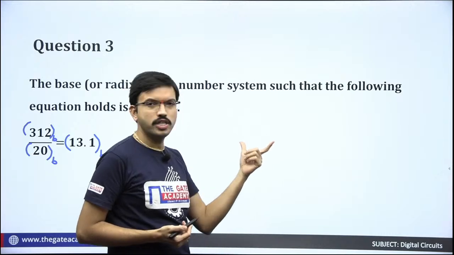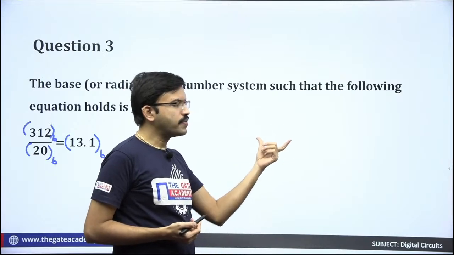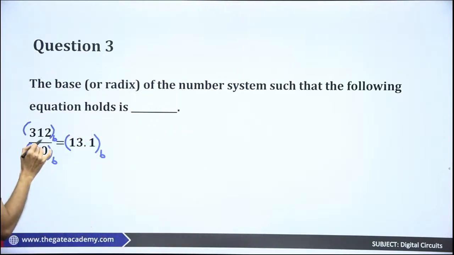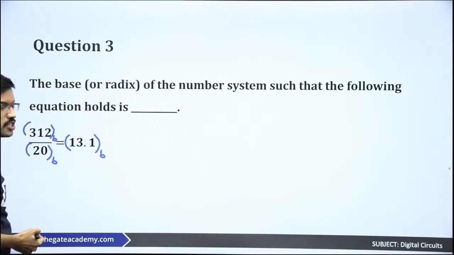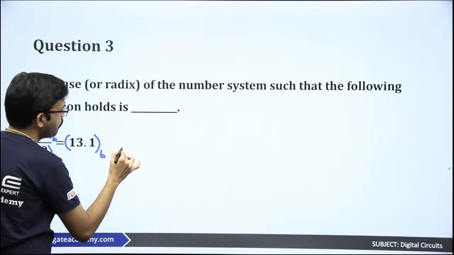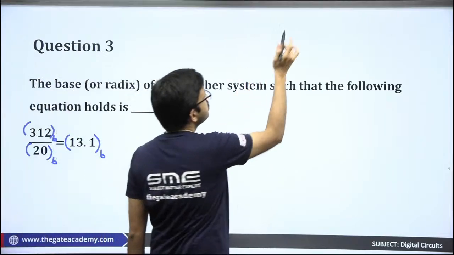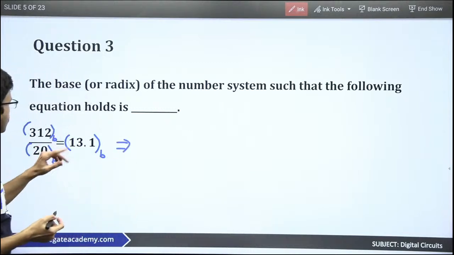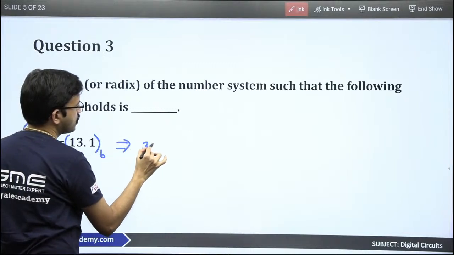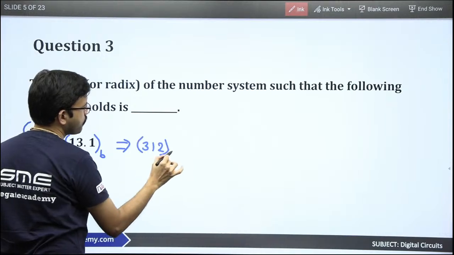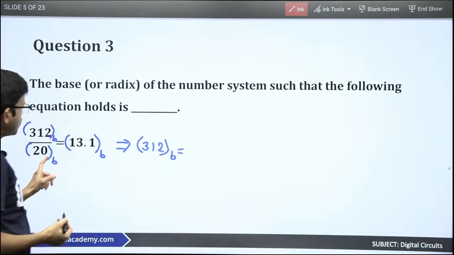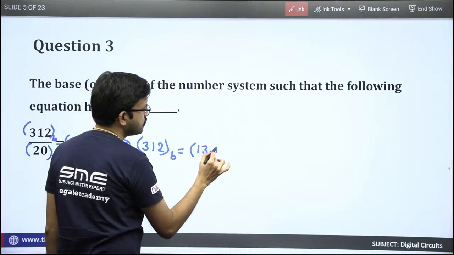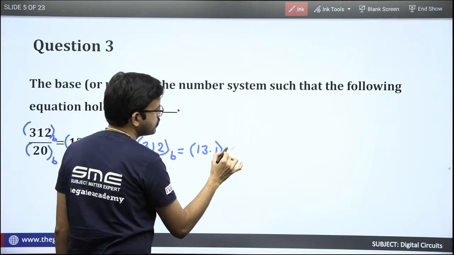There I told you to just perform the addition by considering those two numbers as decimal. In a similar way, here they have given the ratio of two numbers equal to something else. So this one you can write like this: 312 base b is equal to, just multiply these two, 13.1 into 20.